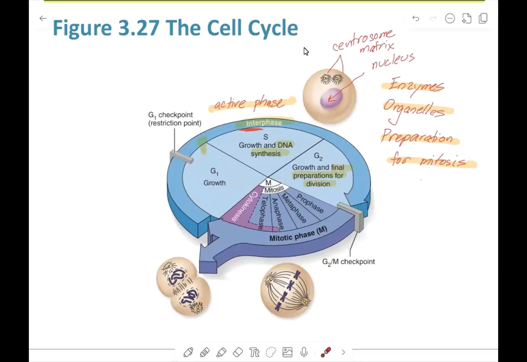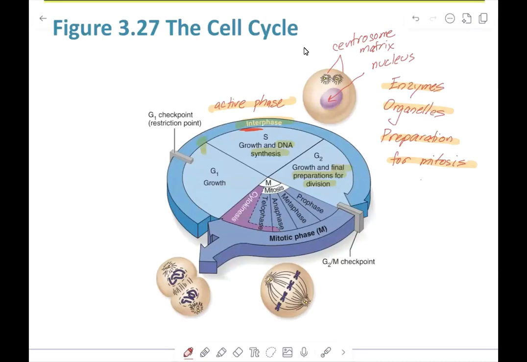You'll need to know the 4 different phases of mitosis, followed by cytokinesis. And you'll need to be able to identify them for lab and know what's happening during each phase for lecture.